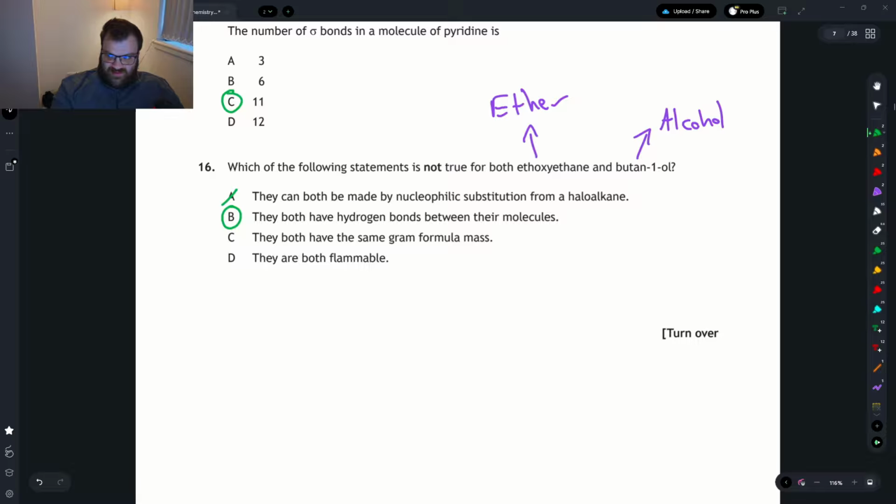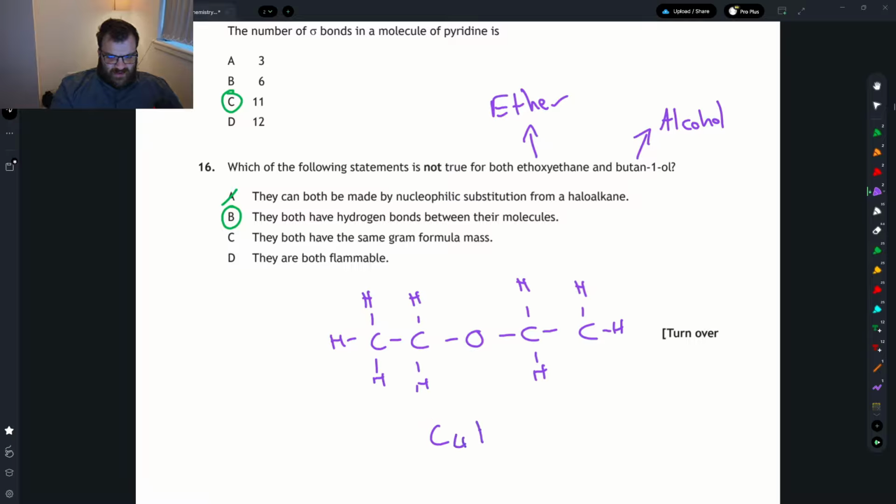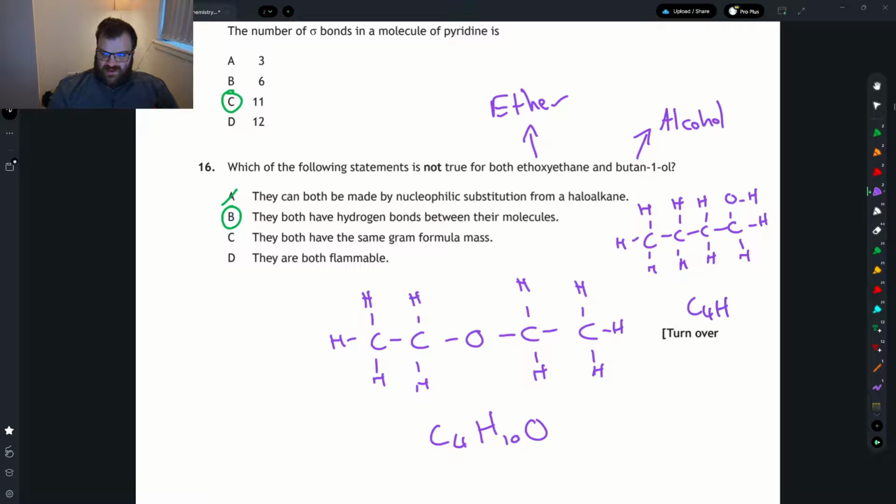If we look at their formula masses, we would need to have a wee sketch of them out. So you get 2 carbons, an O, and 2 carbons. You would have all your H's around it. You would have C4, H10, and then O, and then butanol, 4 carbons, C4, H, 7, 8, 9, 10, and O. They have the same formula, they will have the same gram formula mass, so it's not going to be that one.